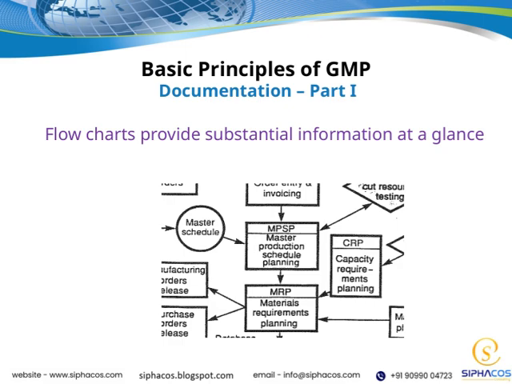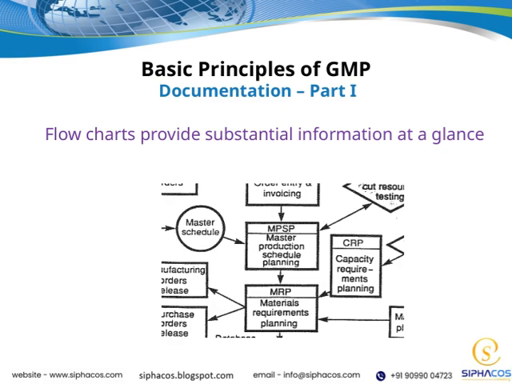Moving on to the basics of GMP, or good manufacturing practice, documentation is a fundamental part of ensuring quality and compliance. When we talk about documentation, Part I, we're focusing on the importance of keeping accurate, clear, and complete records. These records serve as evidence that all procedures are followed correctly and consistently.